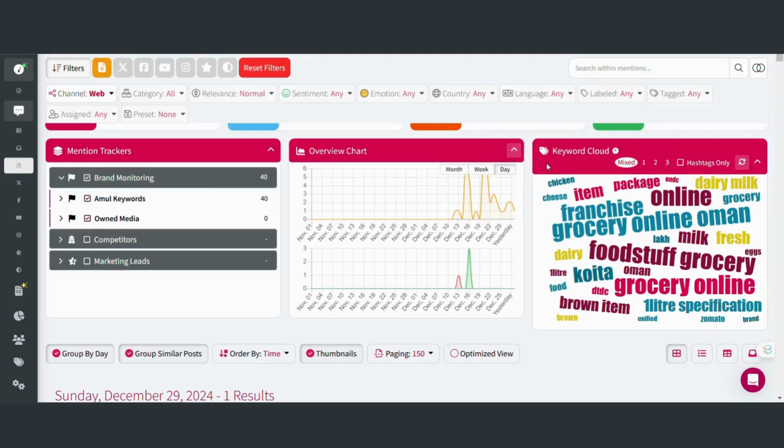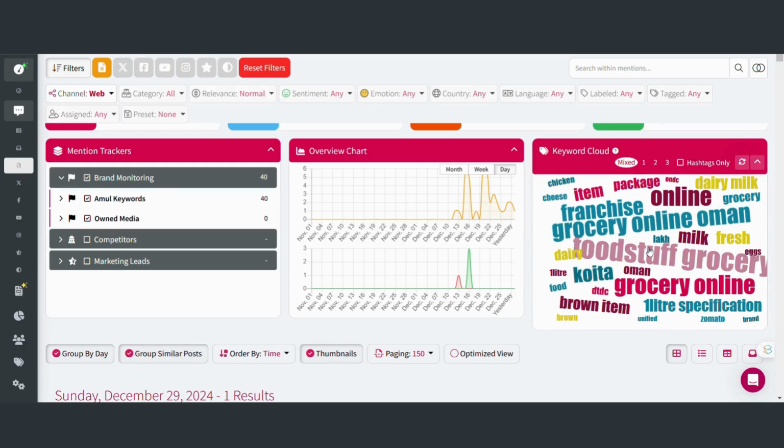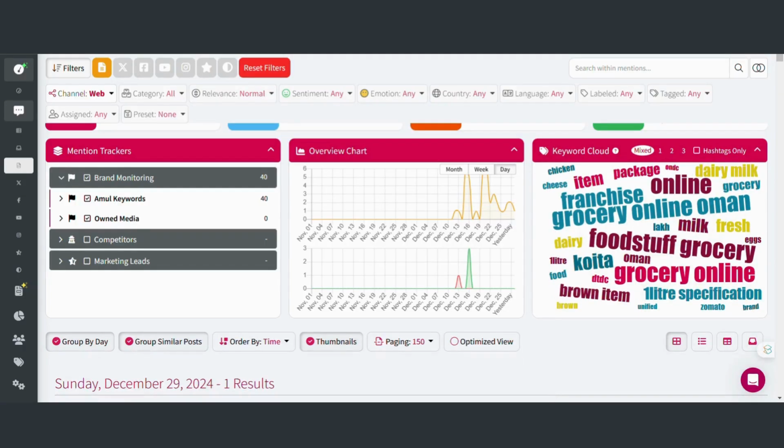The keyword cloud in the Web Mentions tab highlights the most frequently used terms in discussions about Amul. For example, words like foodstuff grocery, grocery online, Oman, franchise, dairy milk, brown item, and so on might appear more prominently. This feature helps us understand the dominant themes and keywords associated with the brand, providing actionable insights for content and campaign strategies.